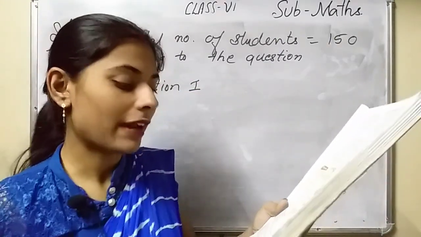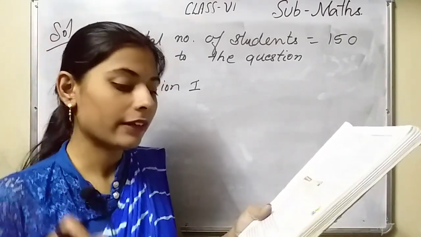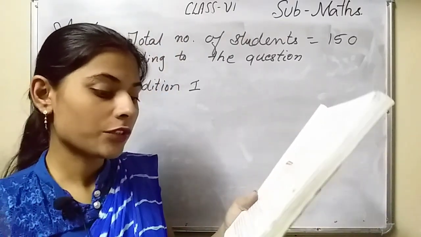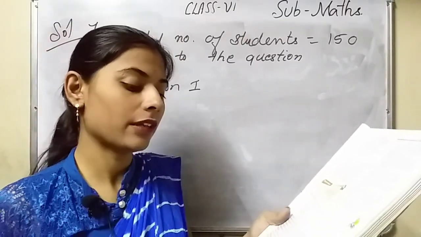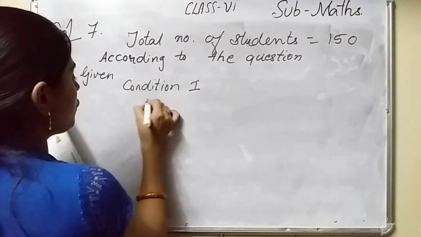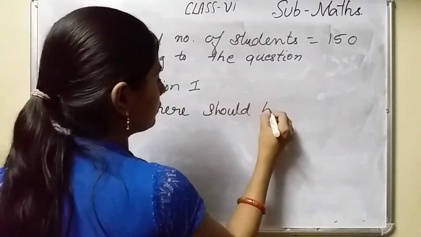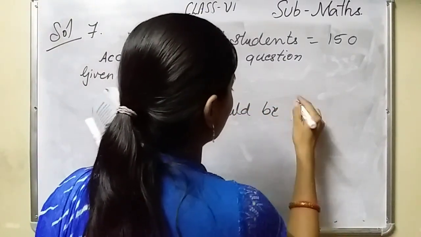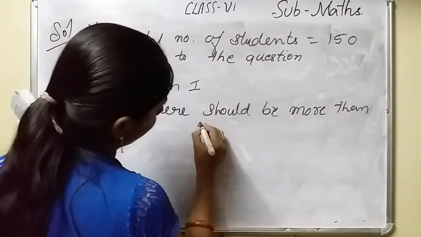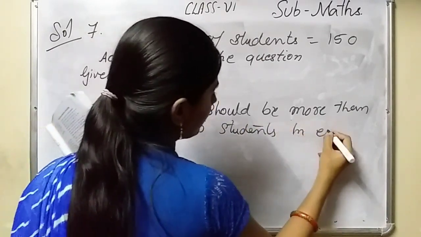Students have to be divided into equal groups to get into different boats. Boats should be different and students should be equal. In how many ways can you group the students such that each group has more than 5 students? There should be more than 5 students in every group.